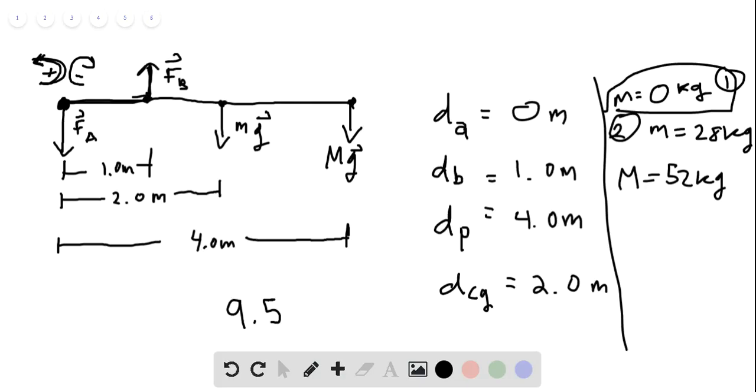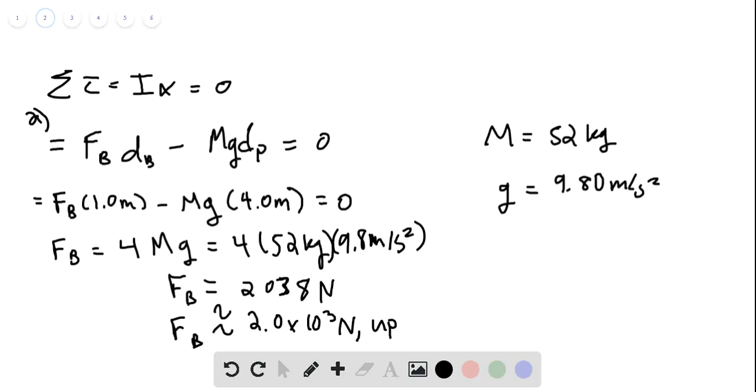There's no center of gravity calculation in the first part of the problem because the diving board is massless, and then the person's weight is 52, so there's going to be a torque created downward here to counteract Fb. So we just have the two torques, Fb times dB minus Mg times 4, times dp, but it's still times 4. And that all equals 0. Well, this is a very important condition. Why is it equal to 0? Because we're in equilibrium.